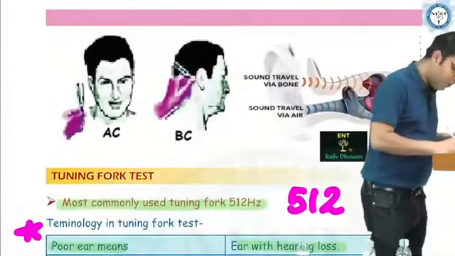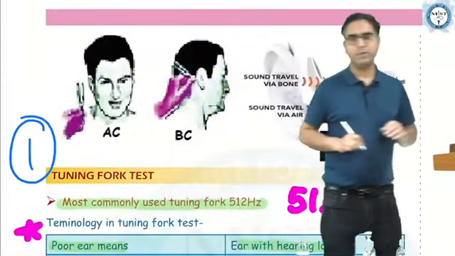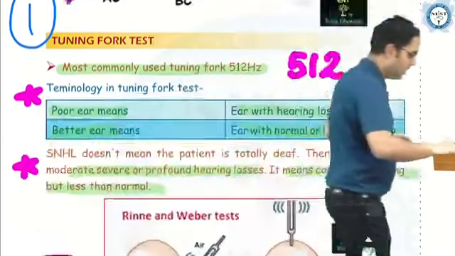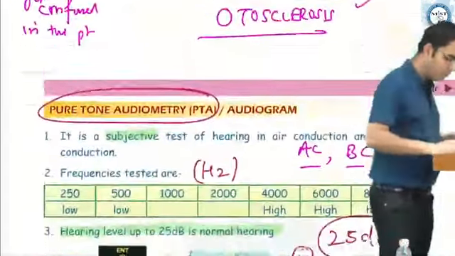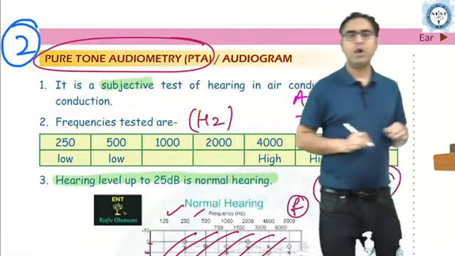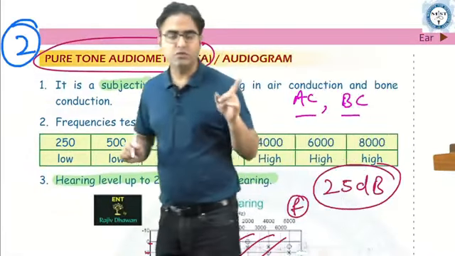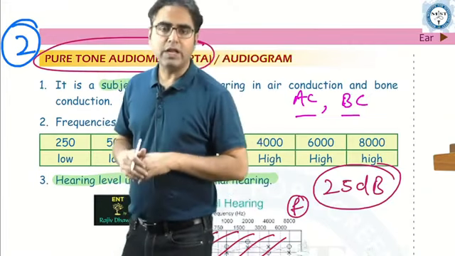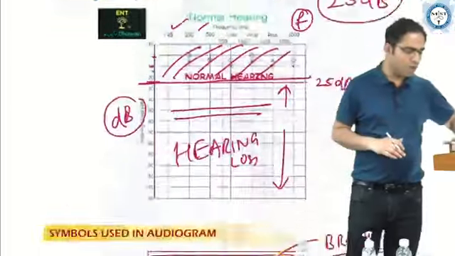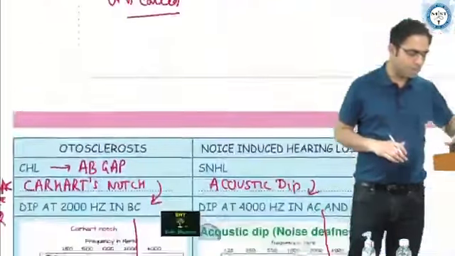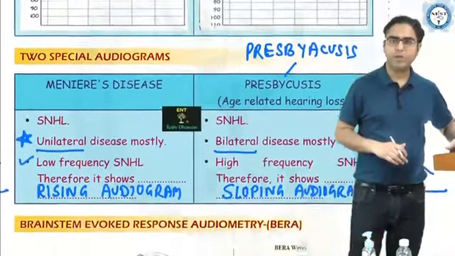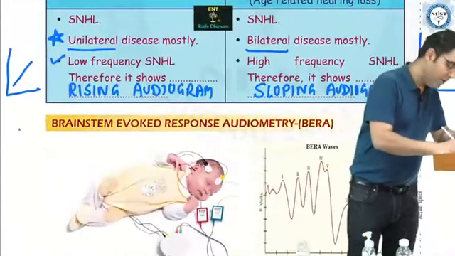Number 1 test was the tuning fork test. Number 2 test was on page number 121, pure tone audiometry. All these are pure tone audiometry discussions, beta. Two special audiograms, and now comes number 3.